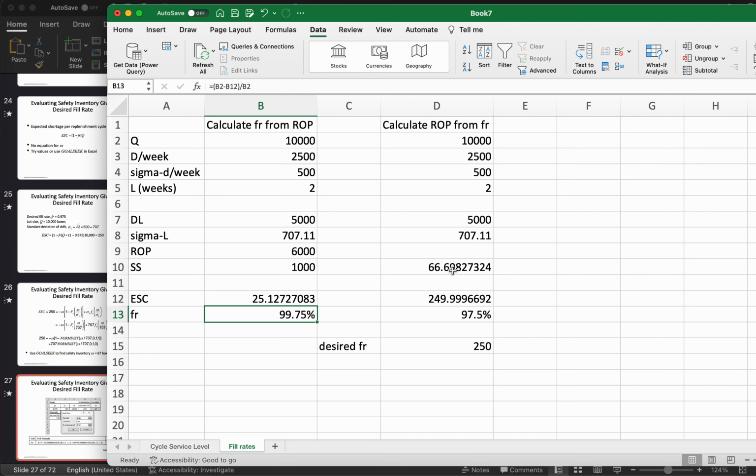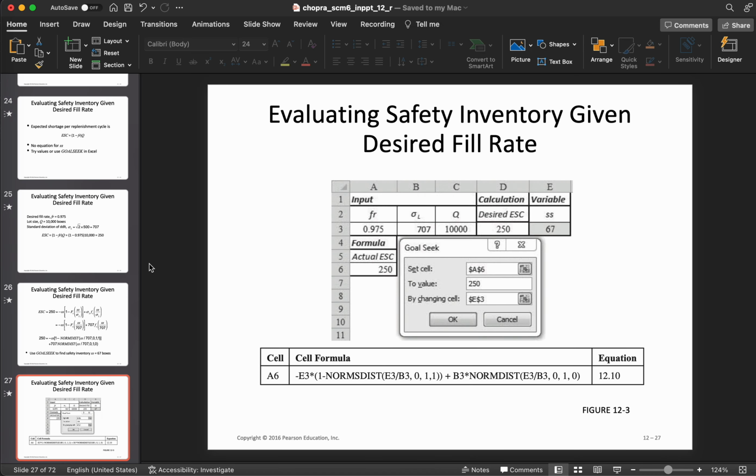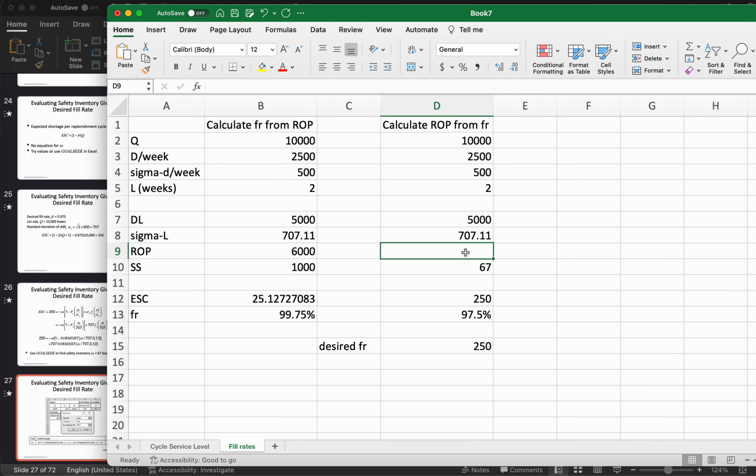There you go, 67 is the safety stock. That is the desired safety stock. So if you have 67 as the desired safety stock, you can calculate the reorder point as this plus that. With this, we'll get a fill rate of 97.5%, right?